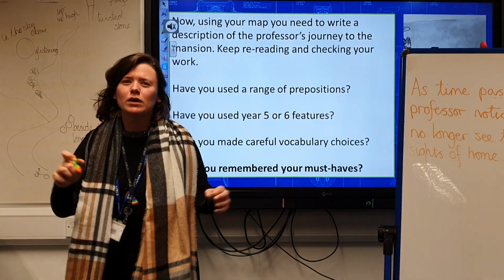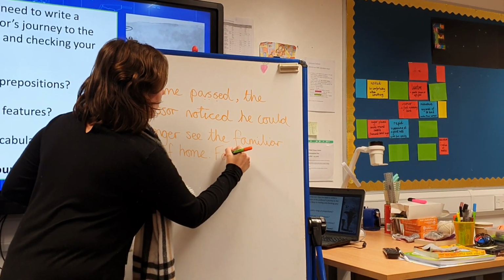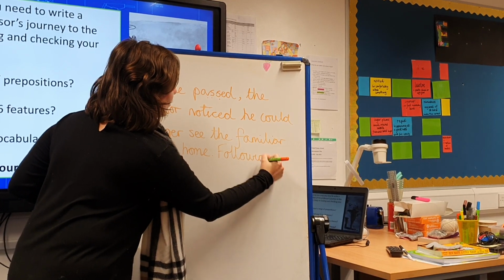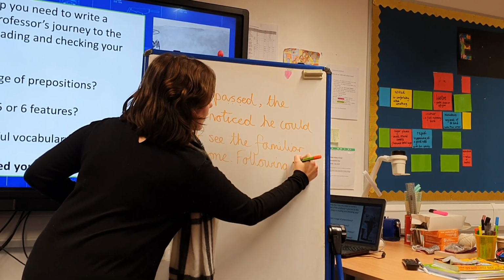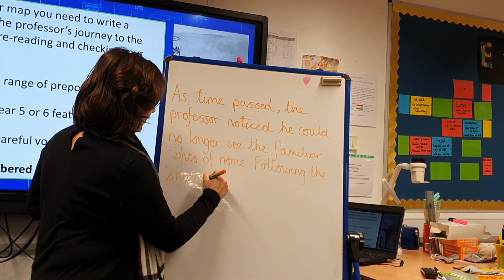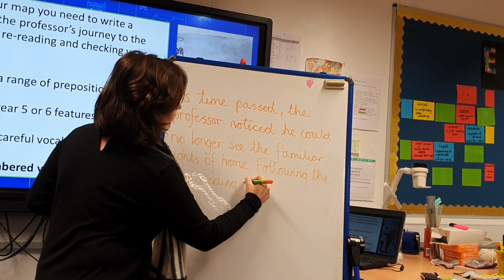That's what I'm thinking. So I'm going to get my first opening, following the long winding path. Remember, we don't want to start every sentence with the, so we want to try and get those different openers in. Following the long winding path.